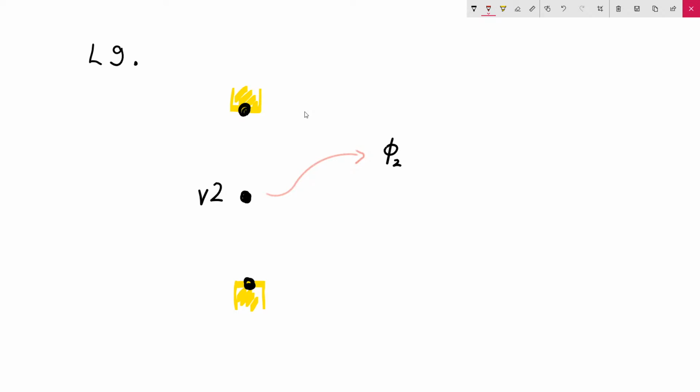However, if we expand our previous discussion on region-based assignment of unknown variables, then we find that instead of this phi sub 2, we can define phi sub 2 on, for example, region 1 and region 2.